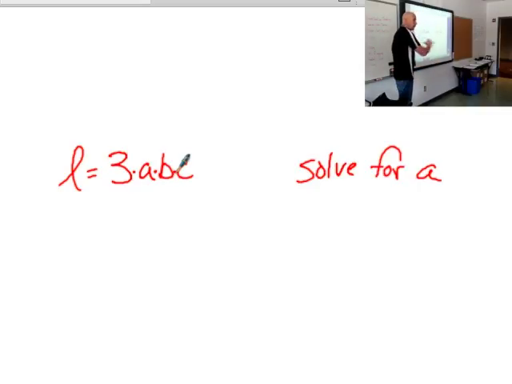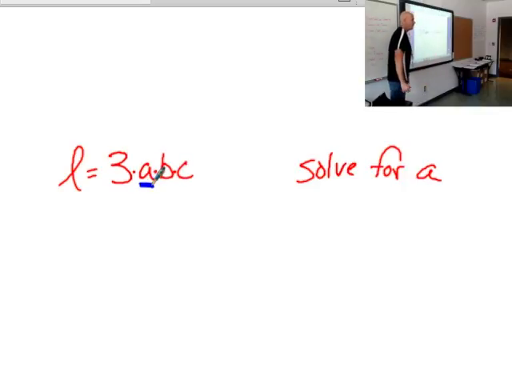Are we multiplying all of those? Yes, it is. 3ABC is 3 times A times B times C. So what are we solving for? A. So go ahead and underline A.